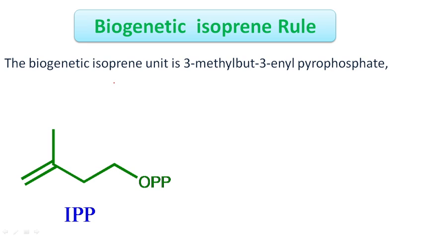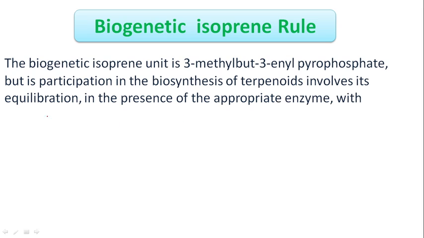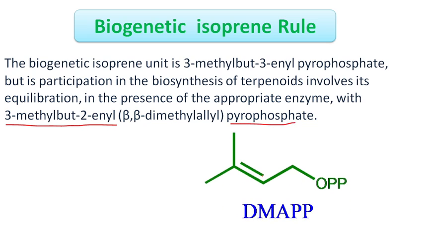This is the biogenetic isoprene, but its participation in the biosynthesis of terpenoids involves its equilibration and also the presence of the appropriate enzyme. Equilibration with whom? Equilibration with 3-methylbut-2-enyl pyrophosphate. 1, 2, 3, 4. At position number 3 there is a methyl.